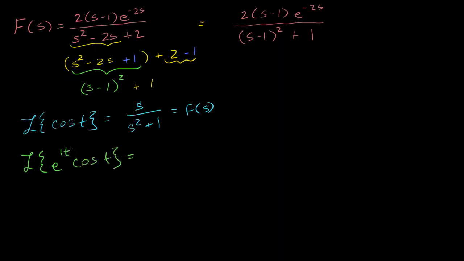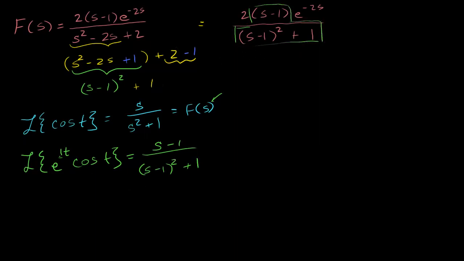Well, then this will just shift the Laplace transform by 1 to the right. Wherever you see an s, you would put an s minus 1. So this will be equal to s minus 1 over s minus 1 squared plus 1. We're getting close. We now figured out this part right here.